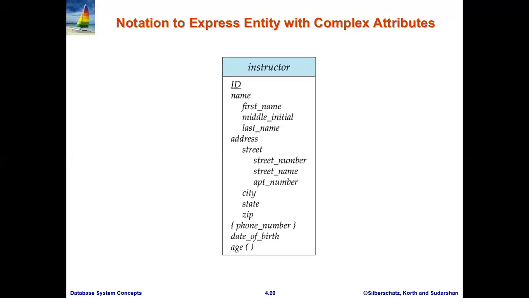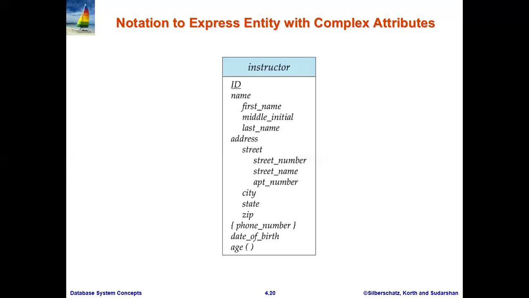Now, how are these different attributes expressed in an ER diagram or in an entity? So we'll see the notation. Different notations are used for different attributes. Notation to express an entity with complex attributes, including everything. If you see the figure, a rectangle is shown. In the rectangle, first is the entity, and all others act as attributes of that entity.